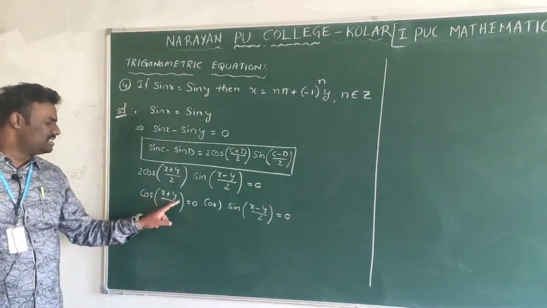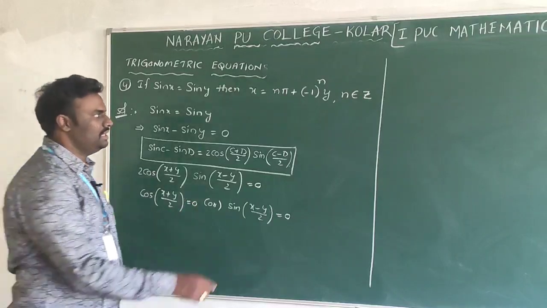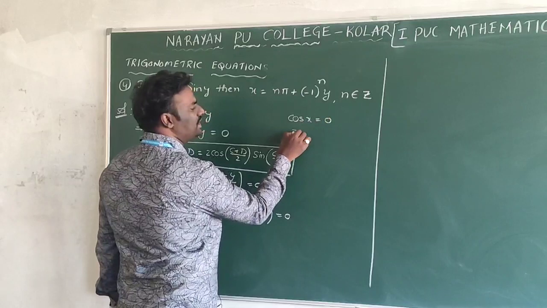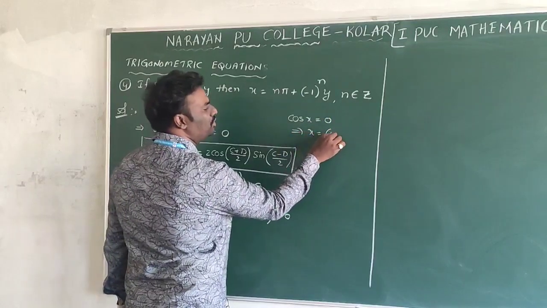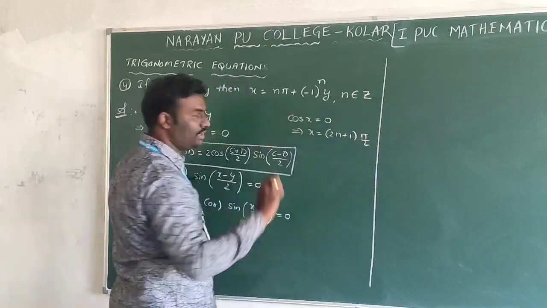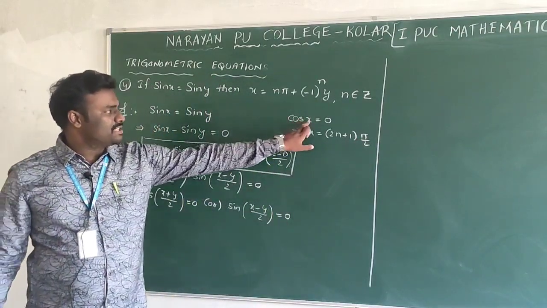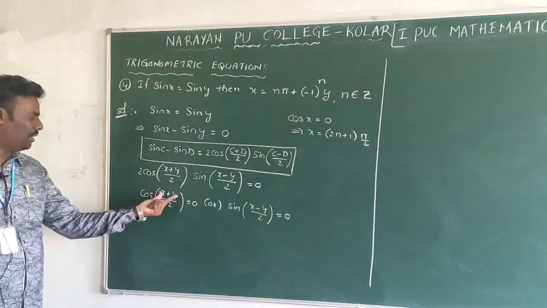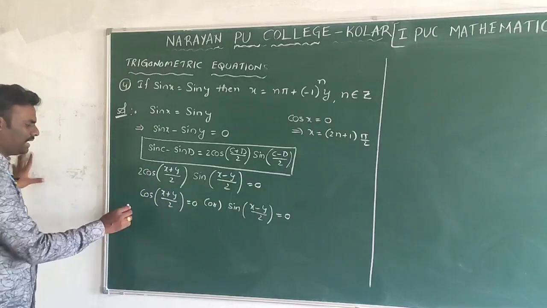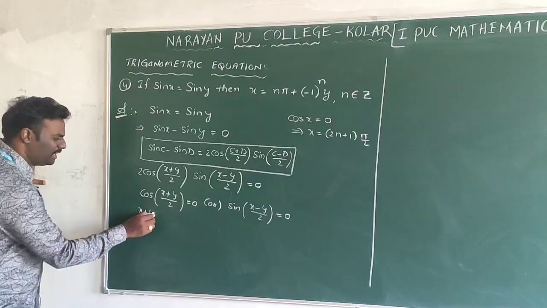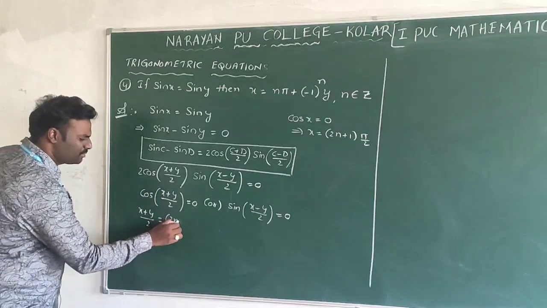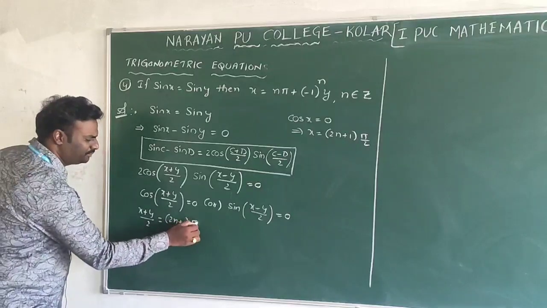If cos x is equal to 0, the general solution is x is equal to (2n+1)π/2. But here in place of x we have x plus y by 2. That's why you can write (x+y)/2 is equal to (2n+1)π/2.